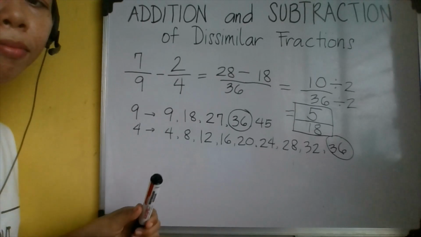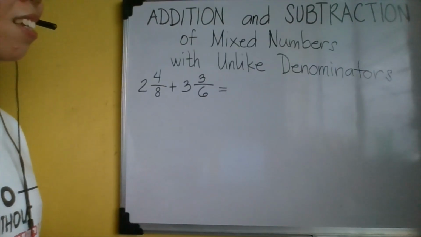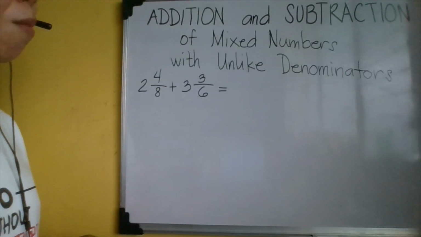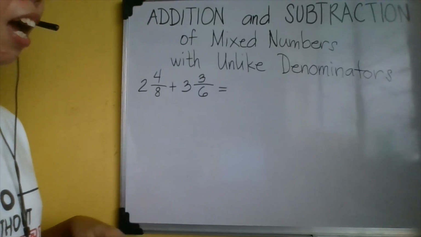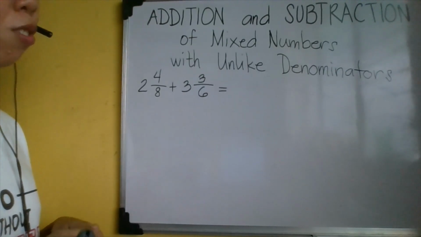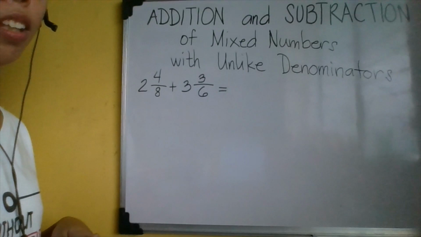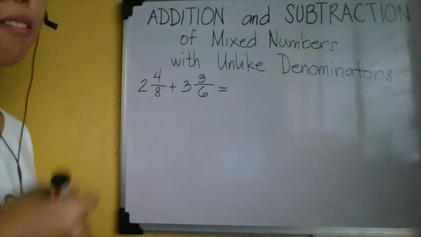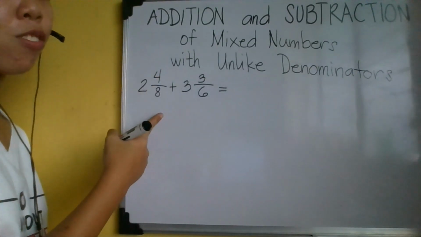Now, let us add mixed numbers having unlike denominators. So, first method is by changing a mixed number to improper fraction.